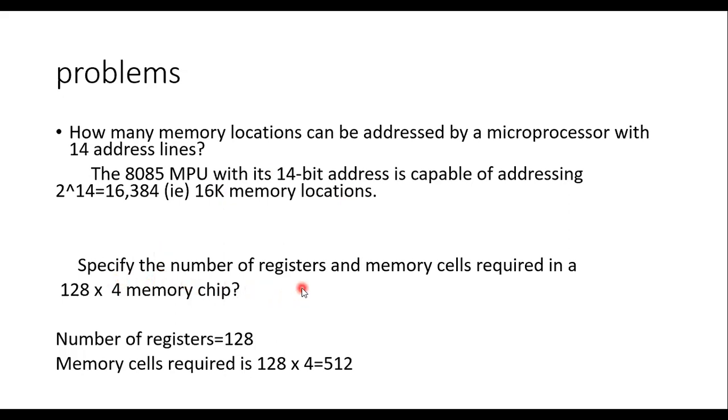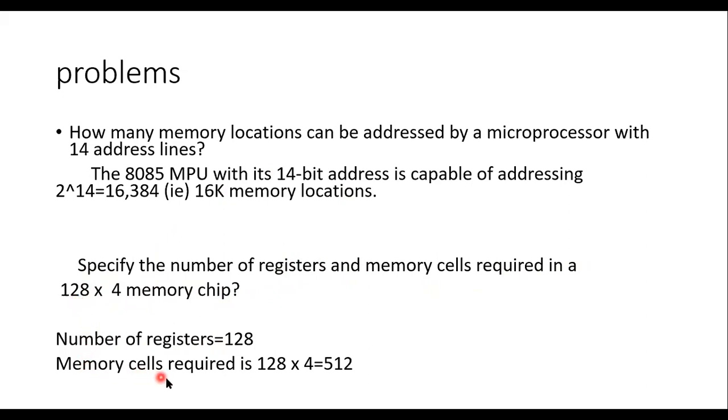Specify the number of registers and memory cells required in a 128 by 4 memory chip. So how many registers and memory cells are required for this chip? Okay. Here the number of registers equals 128.